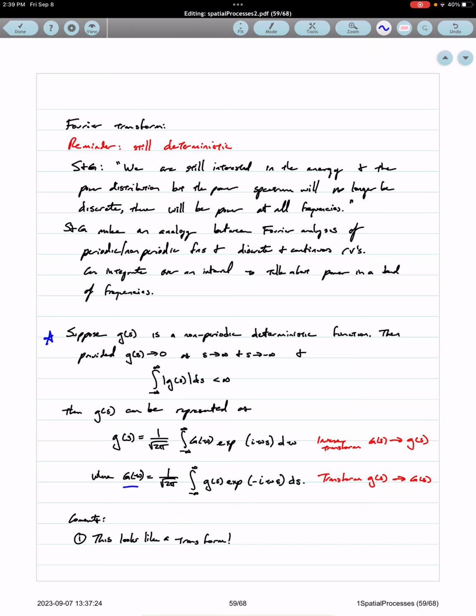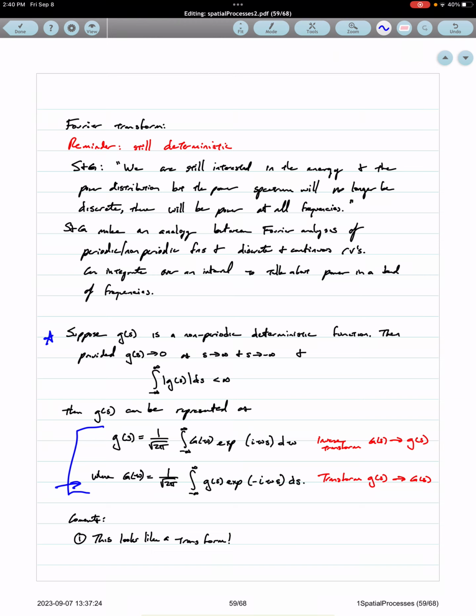Schabenberger and Gotway are again going to talk about the inverse transform and the transform all together. The second line is the transform, where we begin with the function g of s. We perform some transformation of it, so we integrate out the s while introducing this new variable omega, and we get a new function G of omega. We integrate g of s with e to the negative i omega s, and of course that i is our usual imaginary unit, which denotes an imaginary piece to our number.